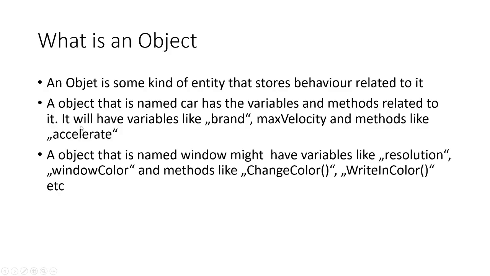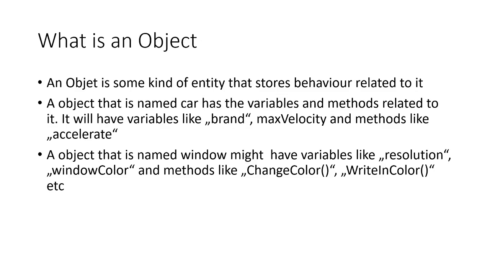And first of all, there are two words that I want to focus on right now: objects and classes. So what is an object? An object is some kind of entity that stores behavior related to it, but we actually use it in code, okay?